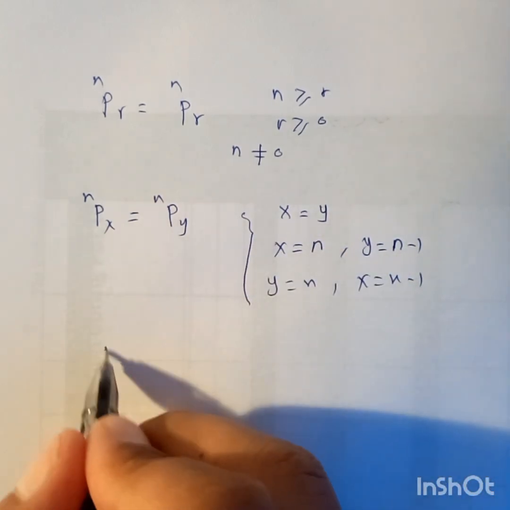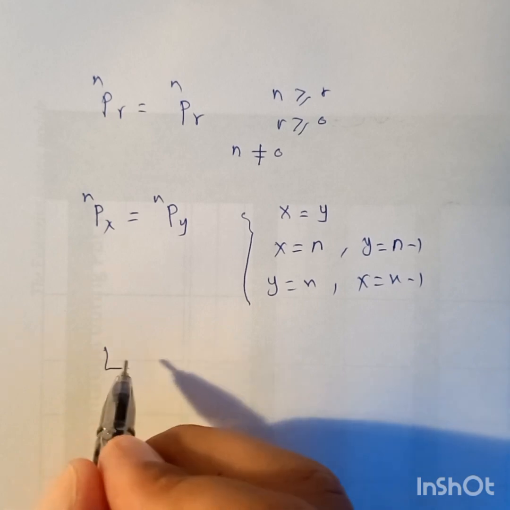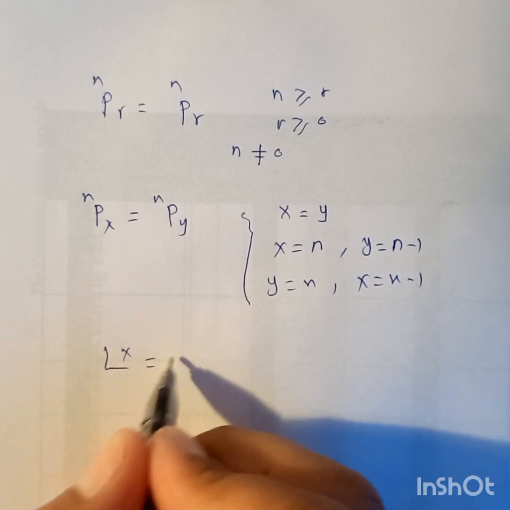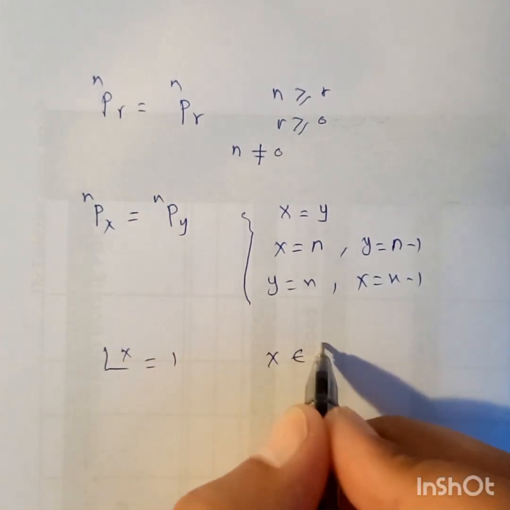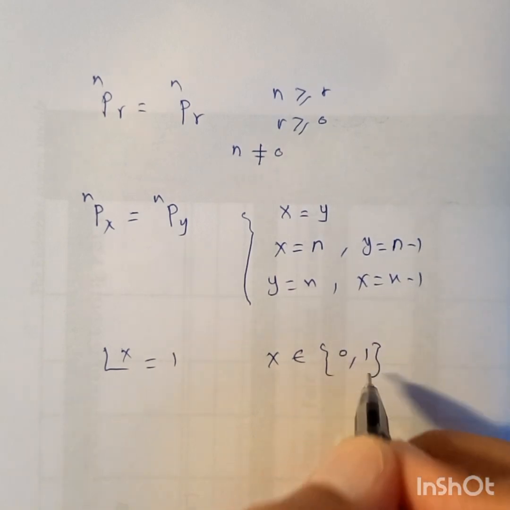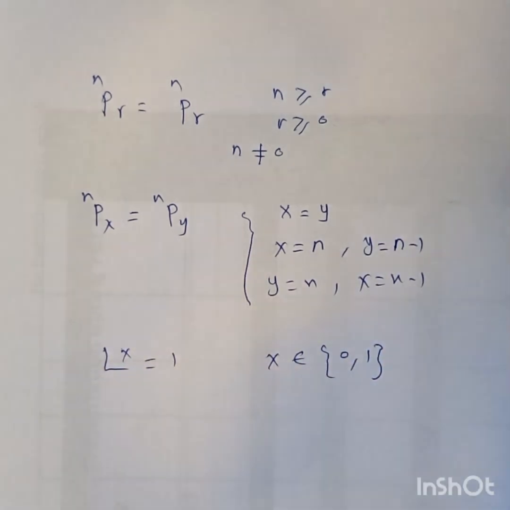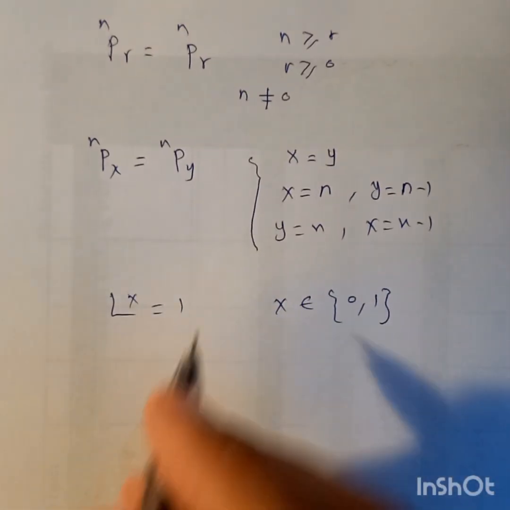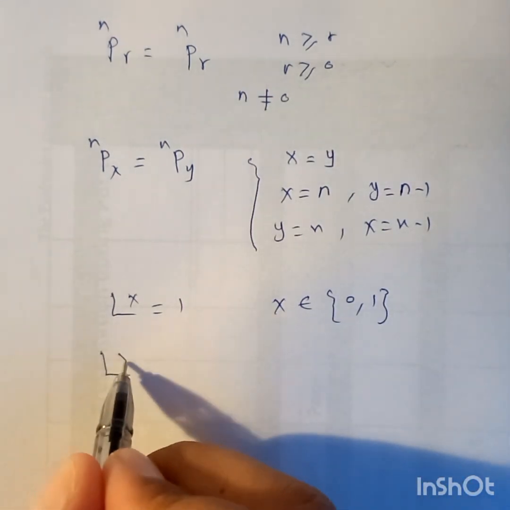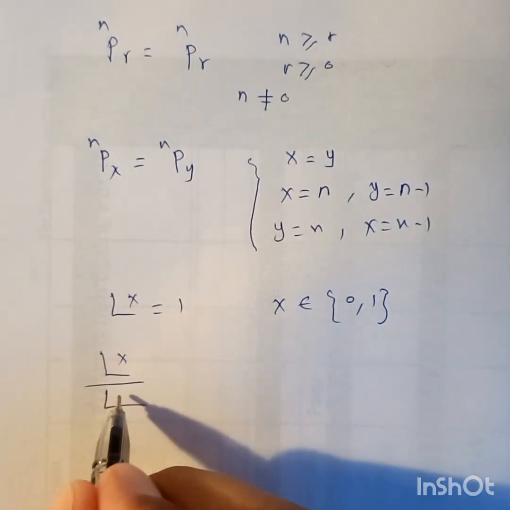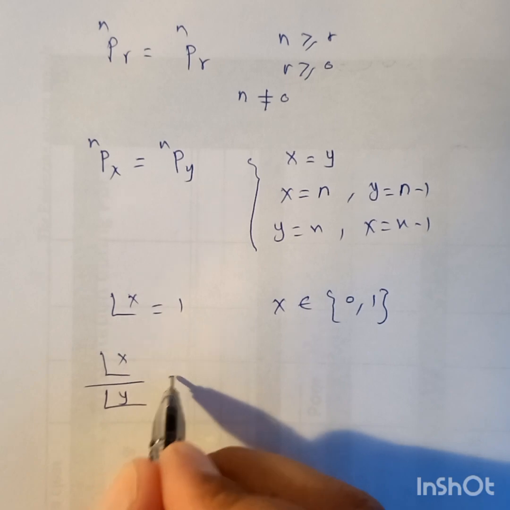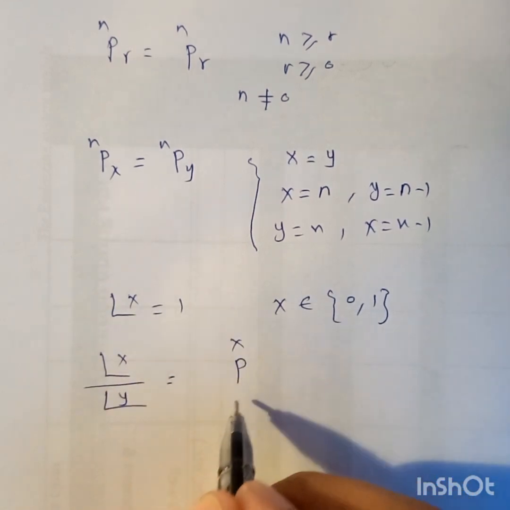If we have, for example, factorial of x equals 1, then x belongs to the set 0 and 1, as the factorial of 0 is 1 and the factorial of 1 is 1 as well.